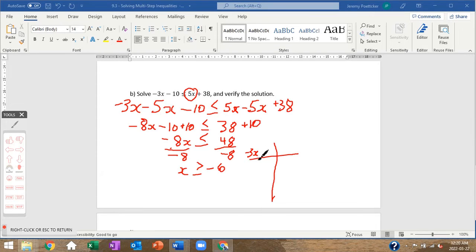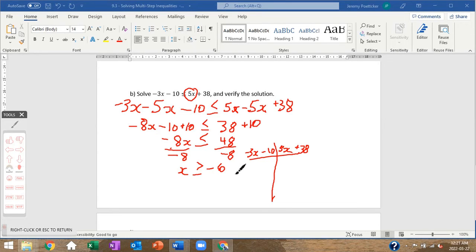Negative 3x minus 10 and 5x plus 38. And so I'm going to put in negative 6 every time I see an x.